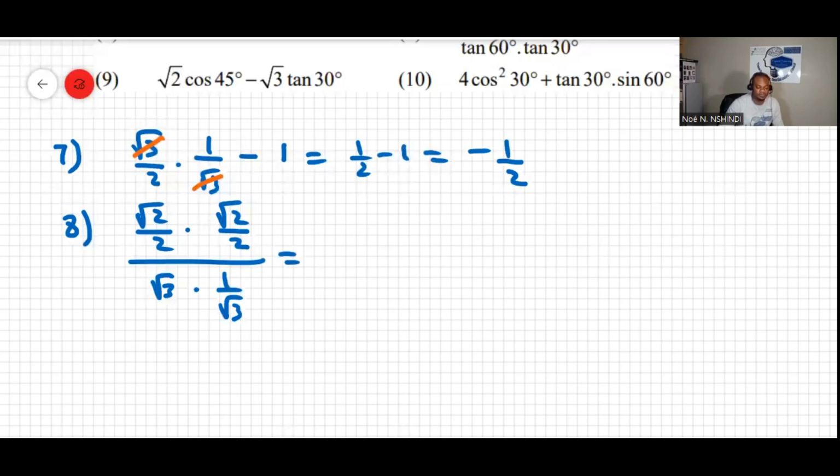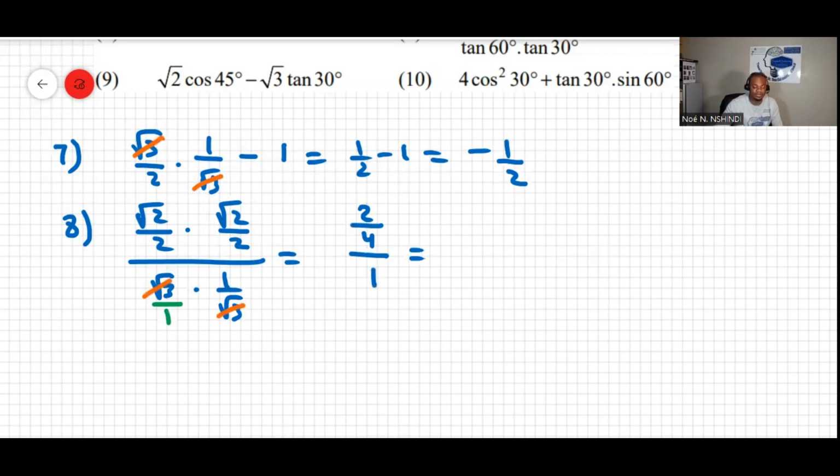Now, over here, this makes root 2 times root 2. When we multiply fractions, we don't need to find a common denominator. We multiply the numerators and then multiply the denominators. That makes 2 over 4 over what? There is an invisible 1 over here, and then we can simplify this and that, and that makes 1.